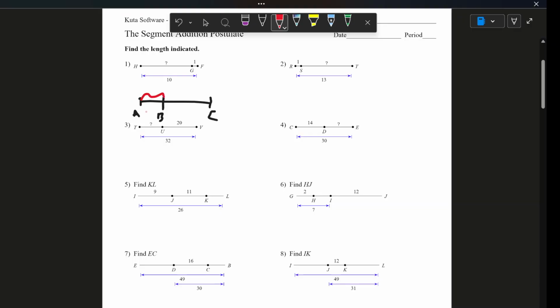We'll say this is AB, and then we'll say this is BC. But we want to find out whatever AC is, and we can figure that out with the numbers given.